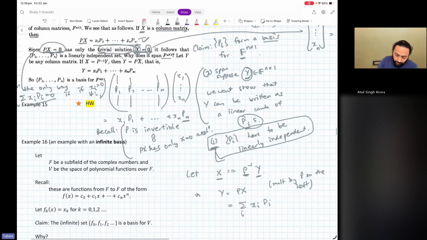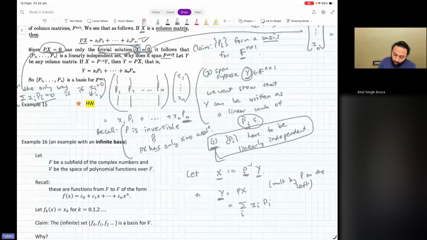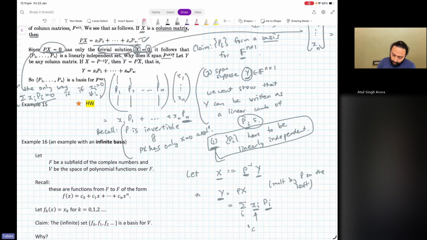Just this expansion here that we had, right? Okay, and so what does this tell you? It tells you that regardless of what y you chose, I can write it as a linear combination of pi's, right? Because x is, so these are the coefficients. So this is what the c's were in the discussion earlier. This is what we were calling alphas, right?